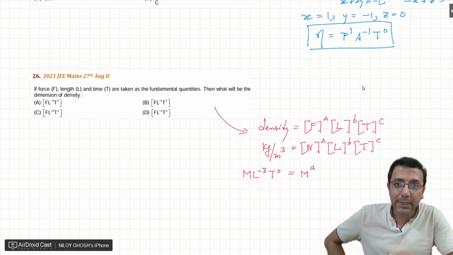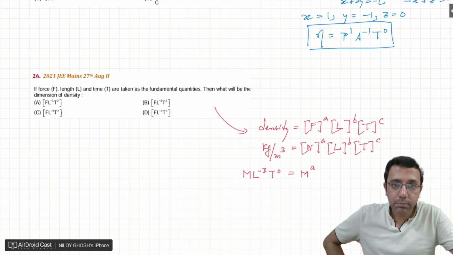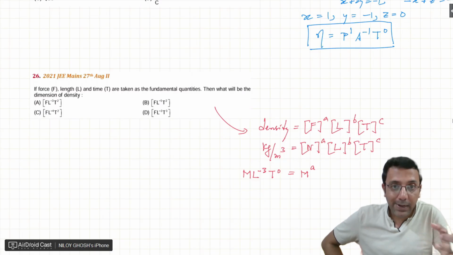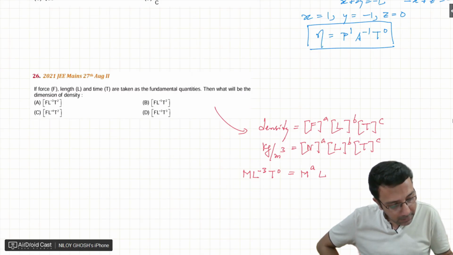In mathematics, even if you feel confident in the exam, you cannot be sure you are in a position to do it, so you must work out the problems. The more you work out, the more confident you feel. So M to the power A, L to the power B plus A, and T to the power C minus 2A.